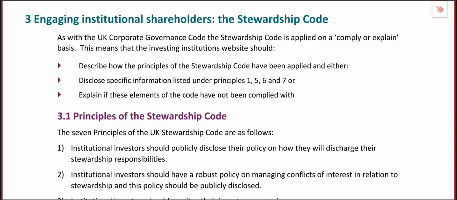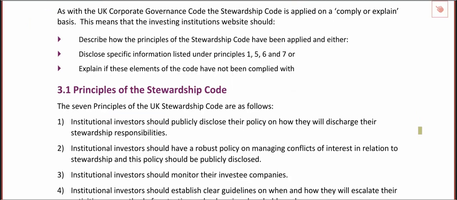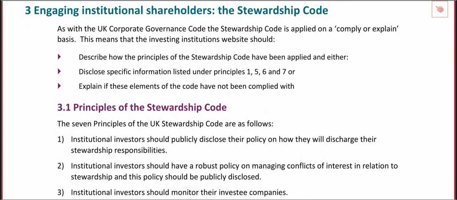So it's really important, and again, it's a comply or explain basis. So either they comply or they explain why they have not complied. So we've got three outcomes that we should have.